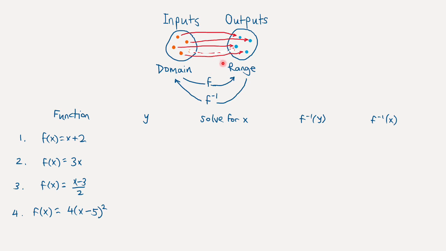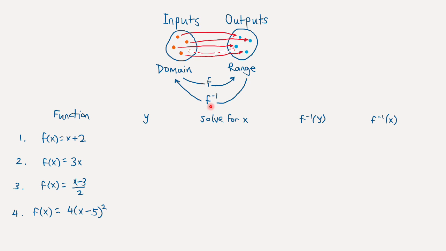And if the function is one-to-one, then we can define an inverse function, which we denote as f with a -1 as the exponent. That stands for f inverse. It doesn't stand for f to the power of -1.